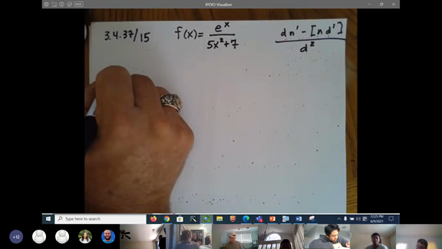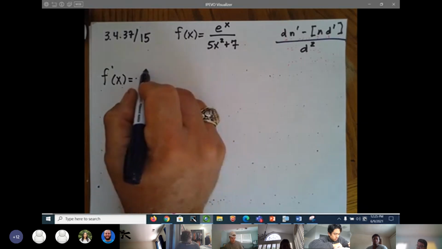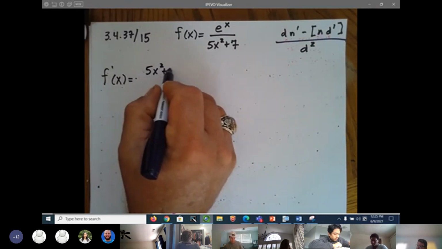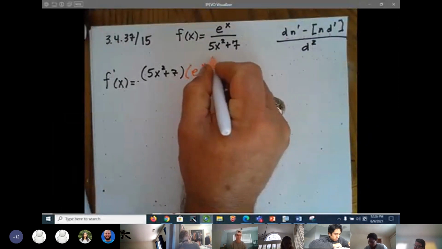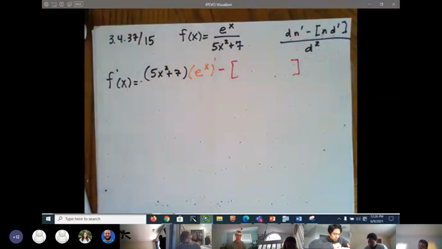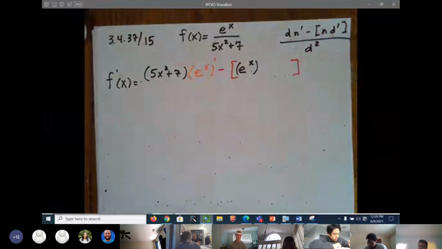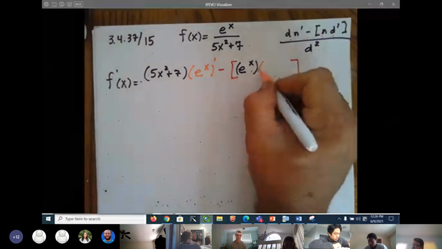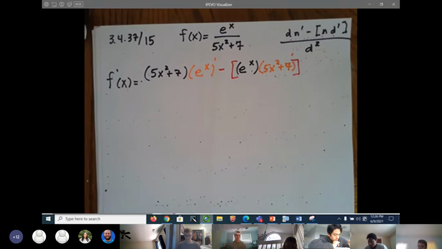f prime of x is equal to denominator times numerator prime minus the numerator times denominator prime all over the denominator squared.